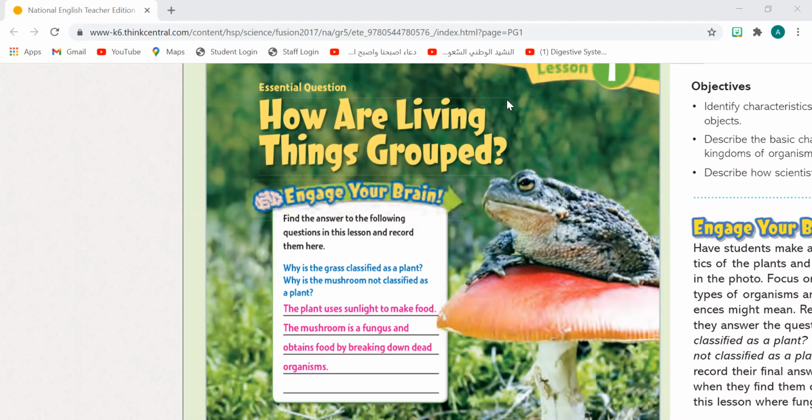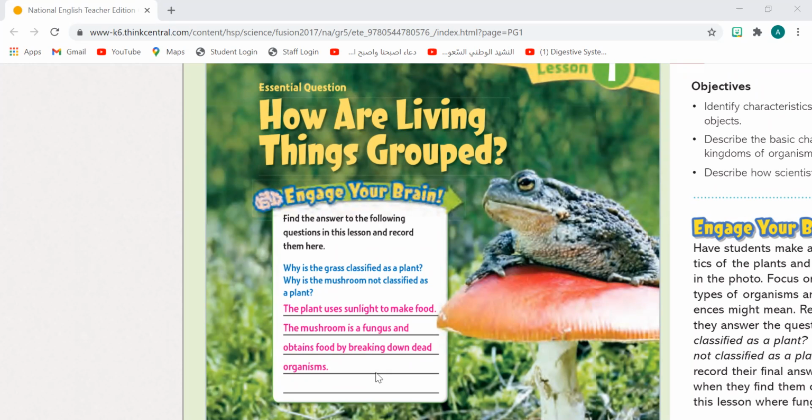I am so proud of you, Jenna. Okay, how does the mushroom make food? By breaking down dead organisms. Can you see the page over here, girls? Yes. Very good. Excellent, Jenna. I'm so proud of you.